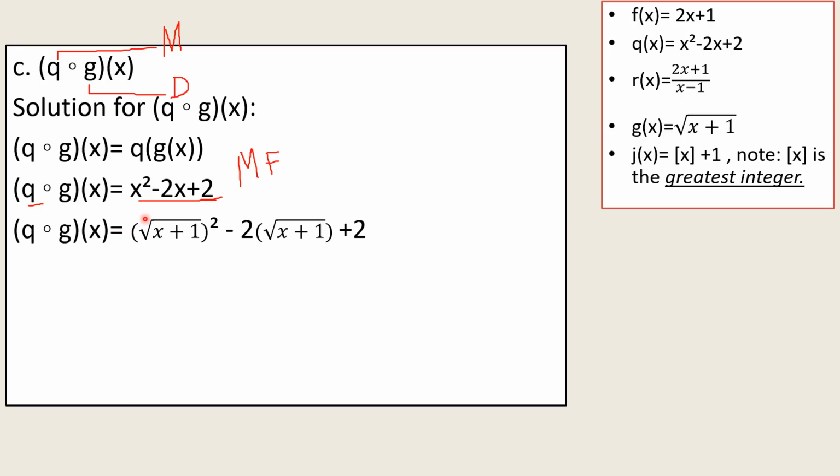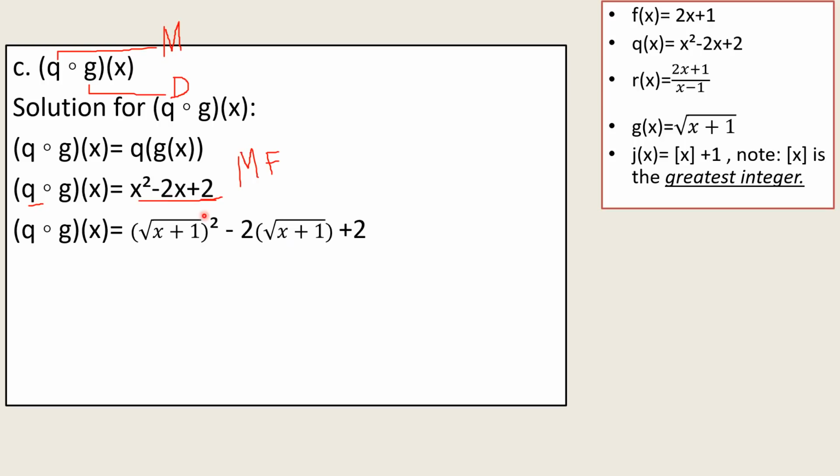So, etong parenthesis na ito, this serves as x. So, si x, mapapalitan siya ng g. Ano kasi yung g? Square root of x plus 1. So, si x, mapapalitan ng square root of x plus 1. Tapos, do not forget square. Do not forget square. Ayan. Minus 2 times square root of x plus 1.